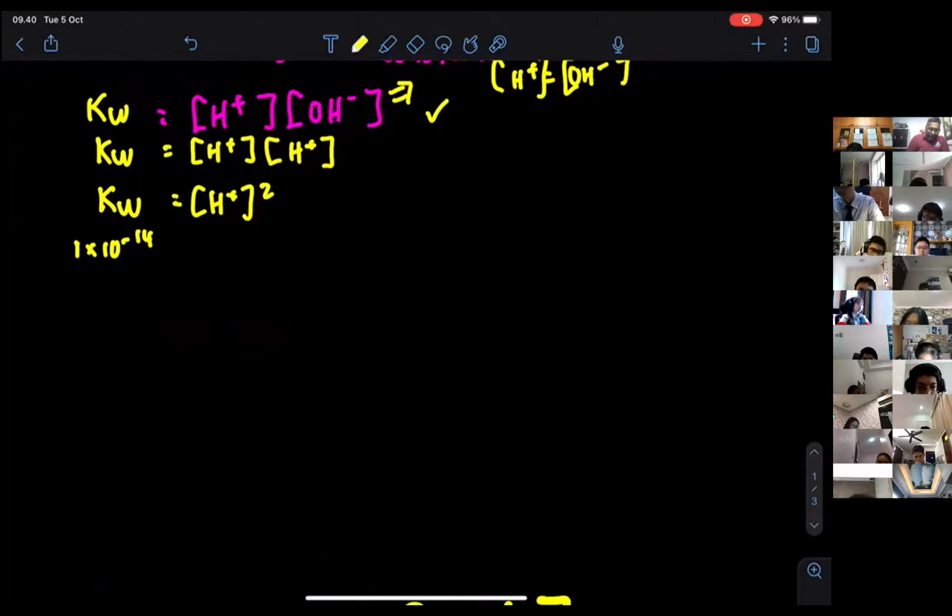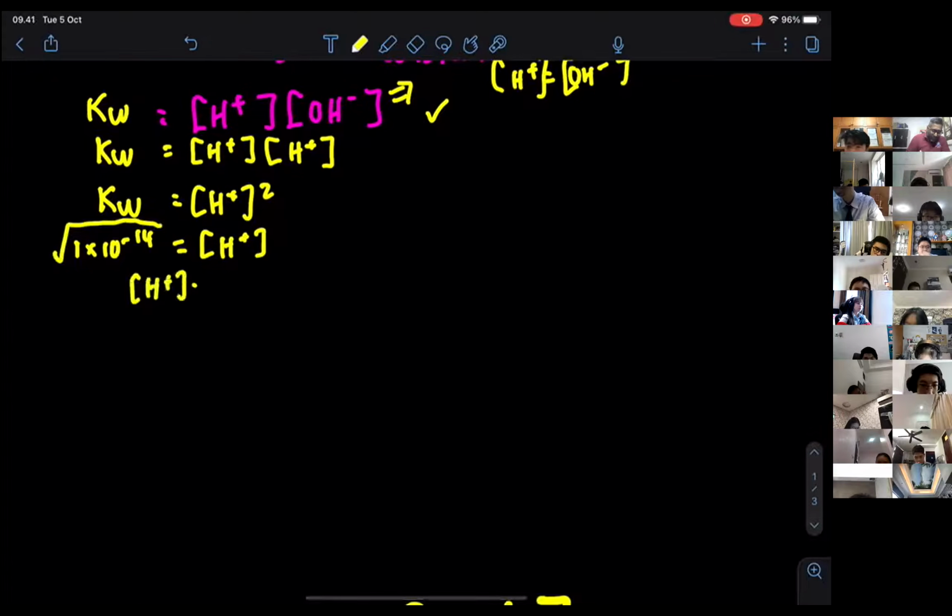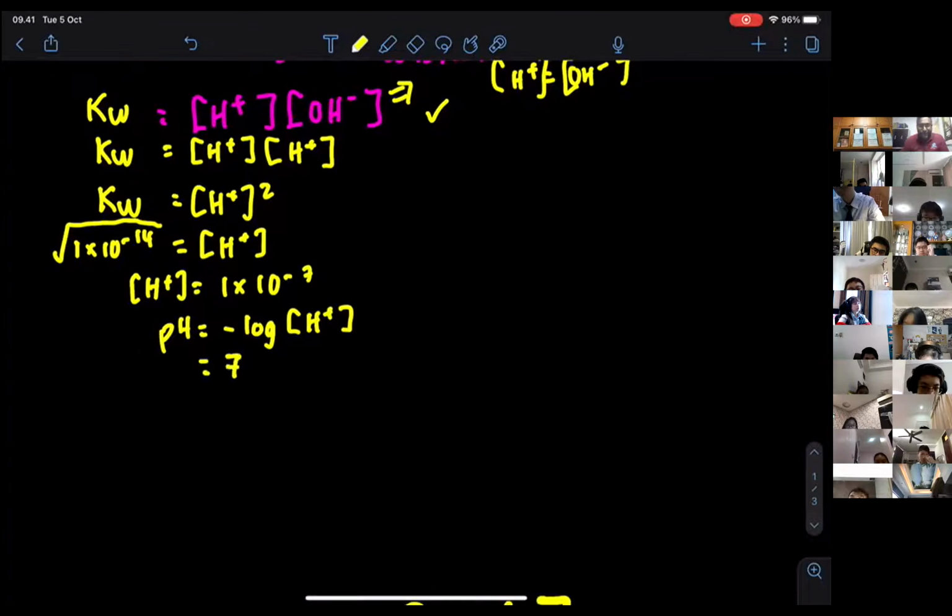If I want to find the concentration of H+, you can just use the square root, and the concentration of H+ of pure water is going to be 1 times 10^-7. You can calculate using the formula pH = -log[H+], and the pH of pure water is going to be 7. So pH is going to be 7 at 298 K.